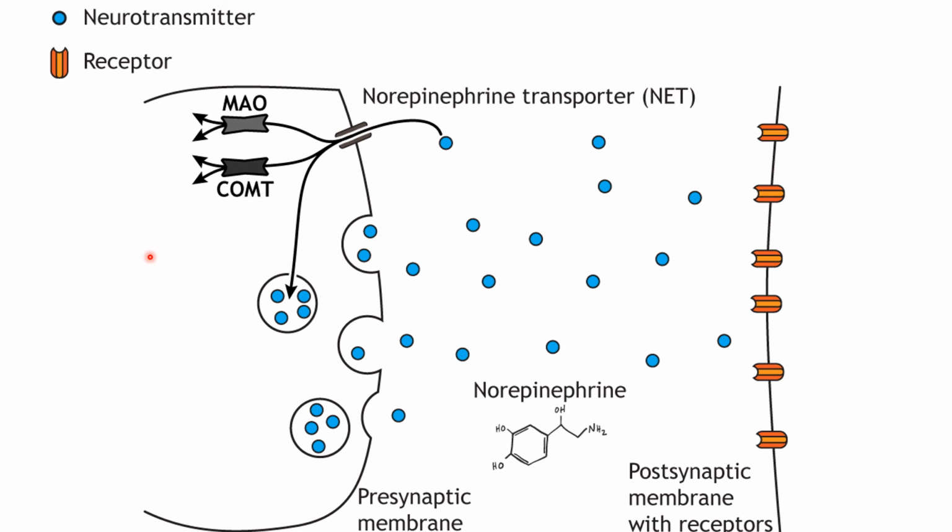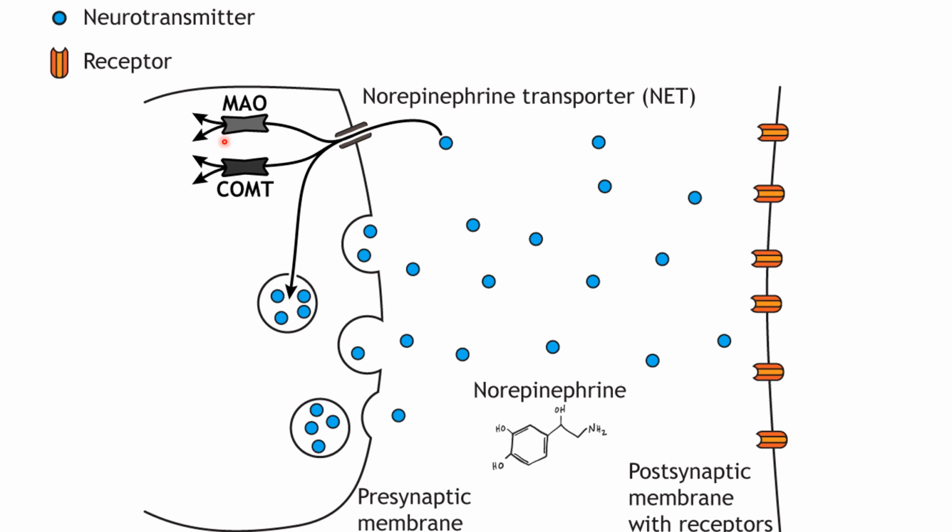So how is the norepinephrine action terminated? The action of the norepinephrine is terminated by reuptake into the presynaptic terminal via the NET, or the norepinephrine transporter. So what it means is that some of these norepinephrine will undergo reuptake into the presynaptic membrane by way of this transporter.